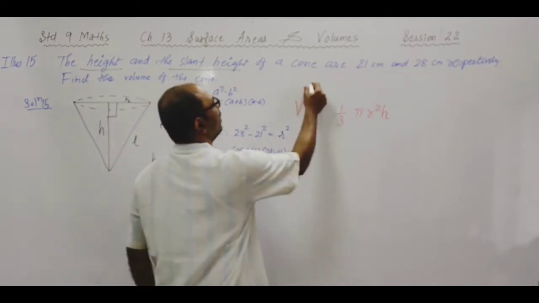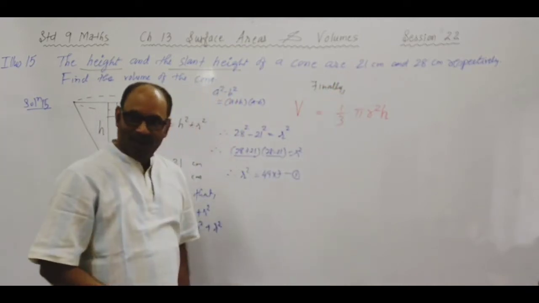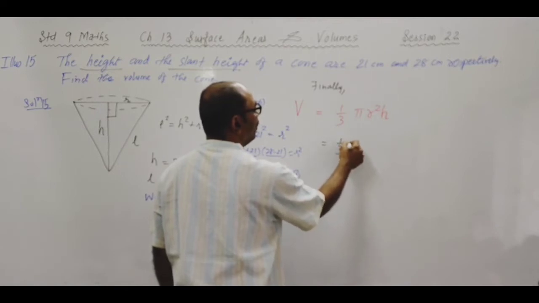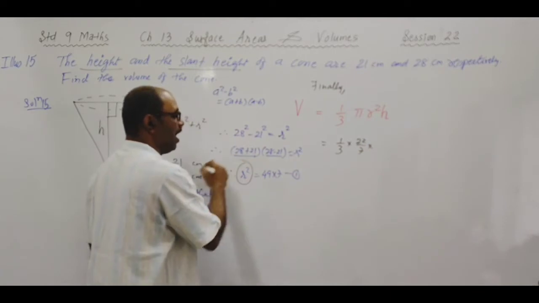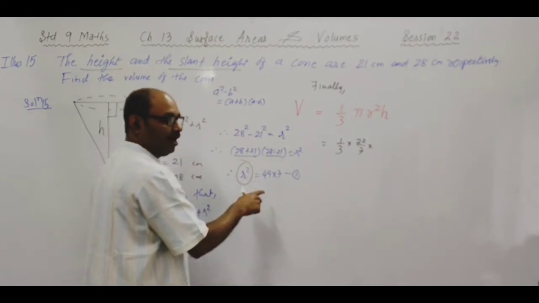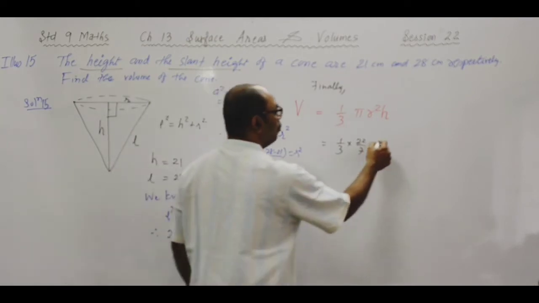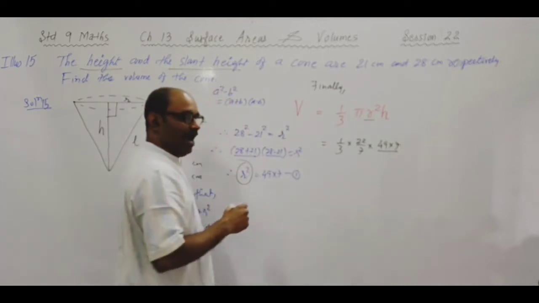So now finally we are going for the calculation of volume of cone. Volume is equal to 1/3 pi r square h. 1/3 pi, 22 upon 7. Yes, r square. 49 into 7 is the value of r square, right?